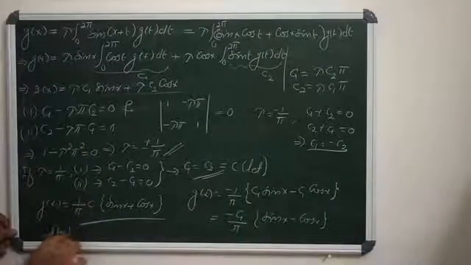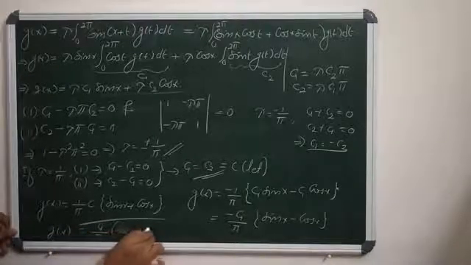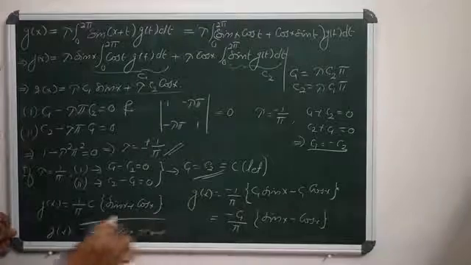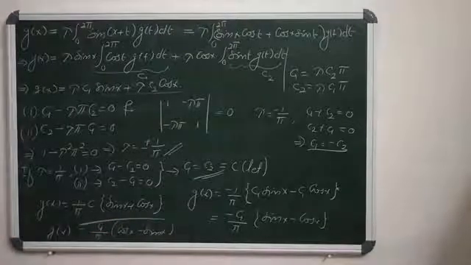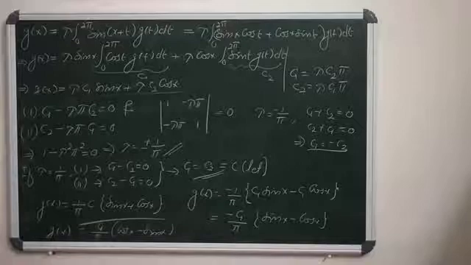So g of x equals C1 by pi into cos x minus sin x. This is the second eigenfunction, corresponding to the eigenvalue lambda equals minus 1 by pi. So this is the solution of the given Fredholm homogeneous integral equation. Agree? So this is the method to find the solution of Fredholm homogeneous integral equations.